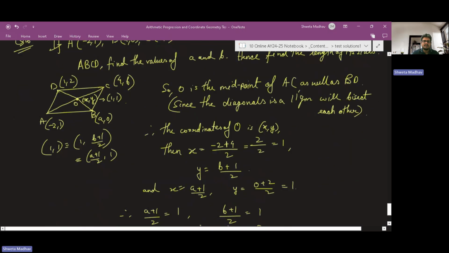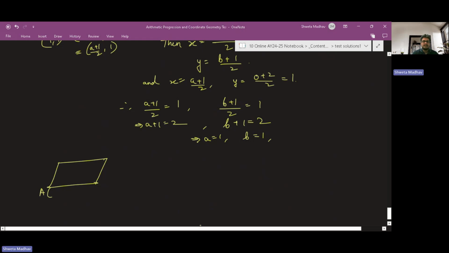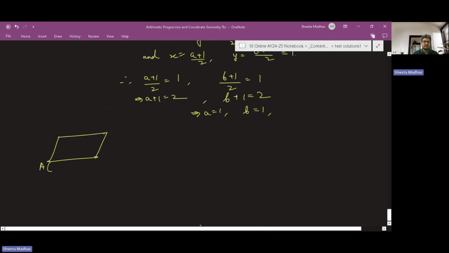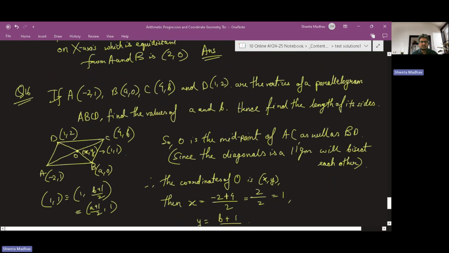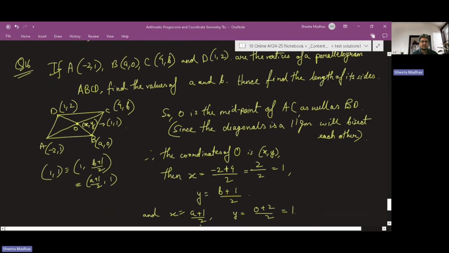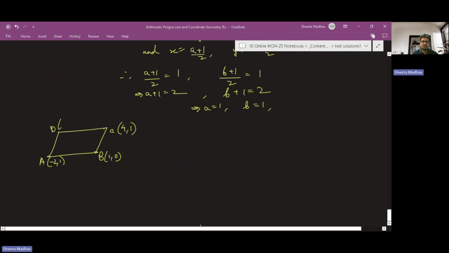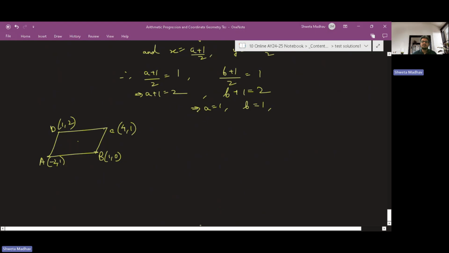So hence in the parallelogram ABCD, A is minus 2 comma 1, and B is a comma 0, which means it is 1 comma 0, and C is 4 comma b, so 4 comma 1, and D is 1 comma 2, and the midpoint of the diagonals is 1 comma 1.